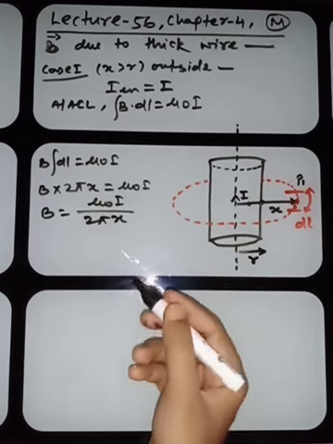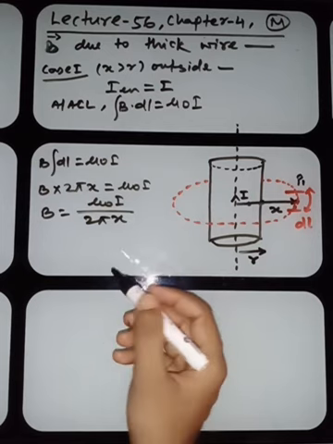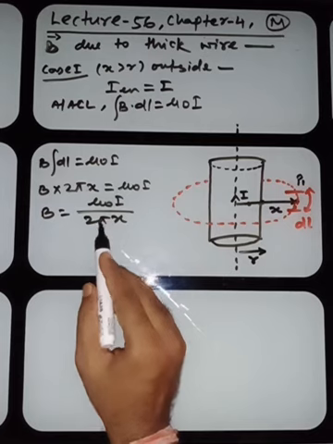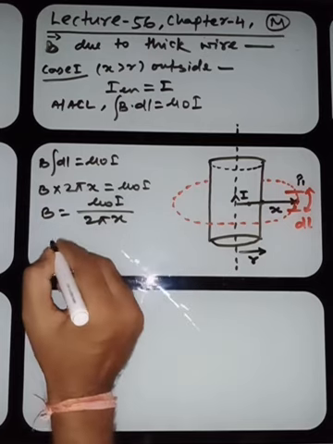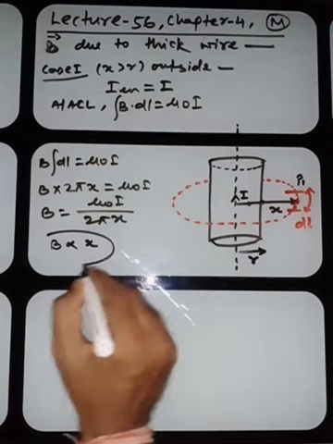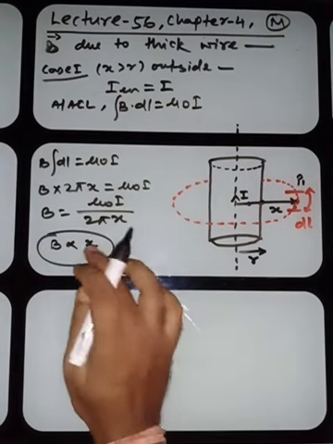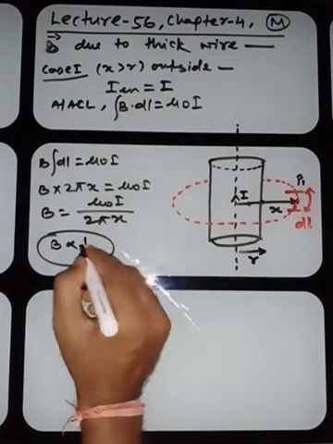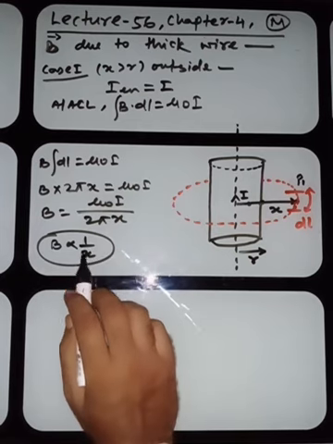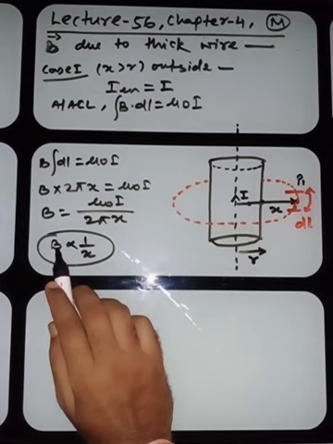Outside the conductor, you can see mu naught is constant, I is constant, 2 pi is constant, which means this B is inversely proportional to x. As you go away from the conductor, you will find the magnetic field decreasing.